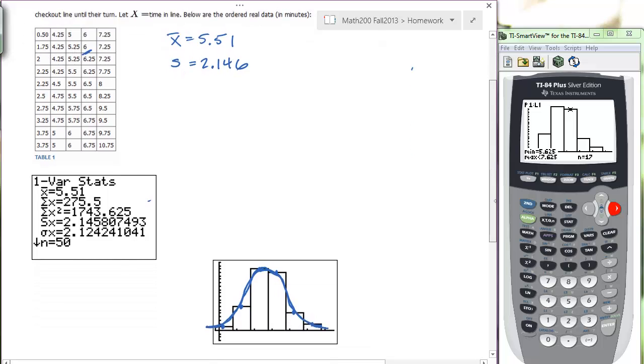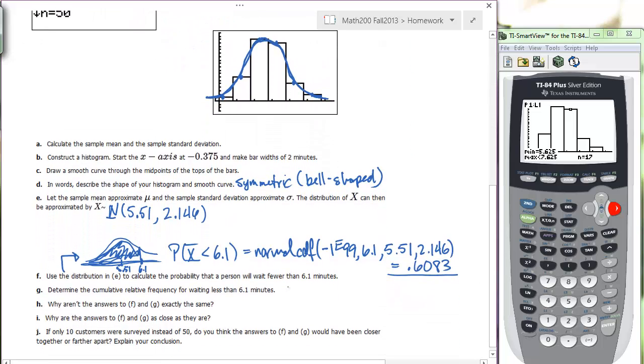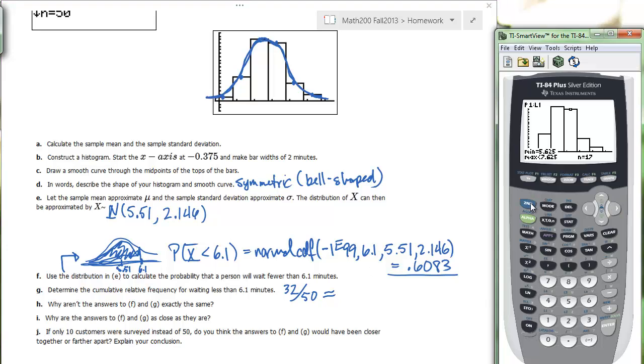So the relative frequency there would be 32. That's all the values that are less than 6.1. And then the total number of values we have is 50. So if we check that in our calculators, let's punch that in. That would be 32 divided by 50. And then we got 0.64.